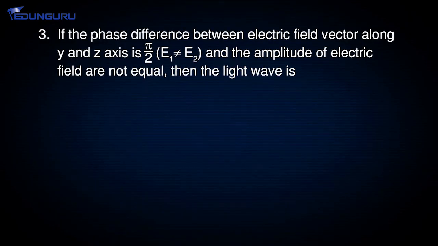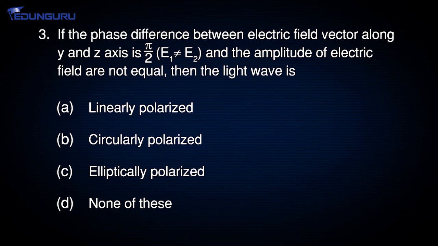If the phase difference between the electric field vectors along the y and z axes is pi by 2, but E1 is not equal to E2, that is, the amplitudes are not equal, then the light wave is: option A, linearly polarized; option B, circularly polarized; option C, elliptically polarized; option D, none of these.